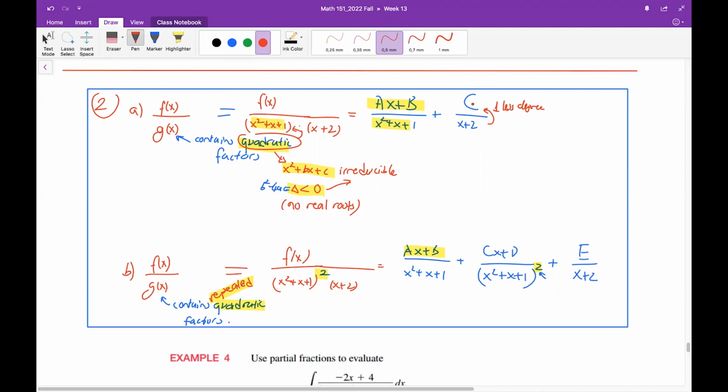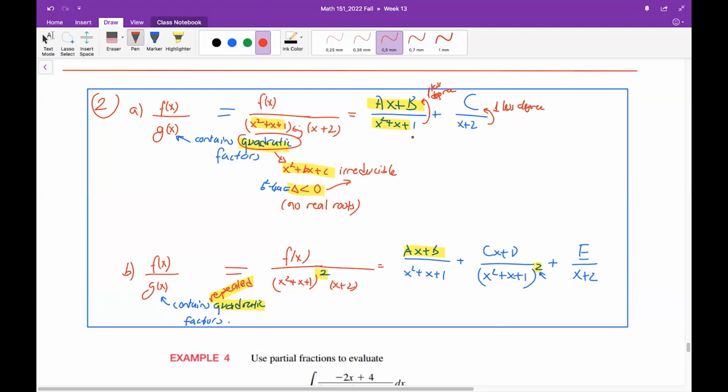This is a constant. A constant has degree 0 as a polynomial. So here the degree is 2 and you write one less degree, some form of degree 1. That's why it is ax plus b.